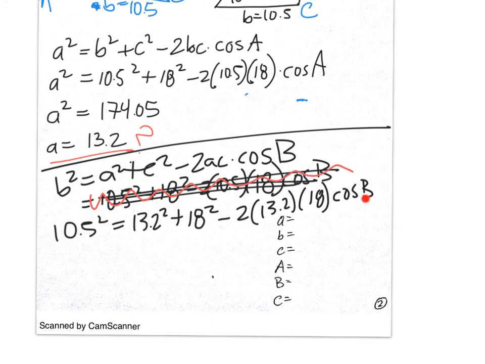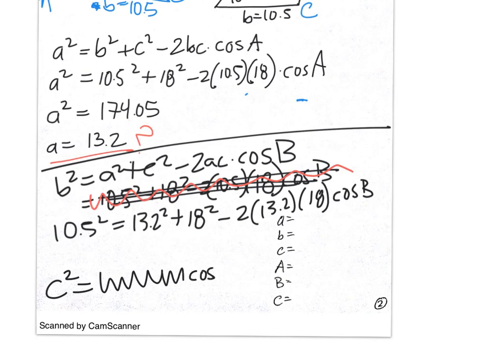And to solve for angle B, we would do just like we did up here, where we subtract these from both sides, and then we divide by that and take the inverse cosine as the last step. So I would like you to set up this one as well. c squared equals blah blah blah blah blah blah blah.